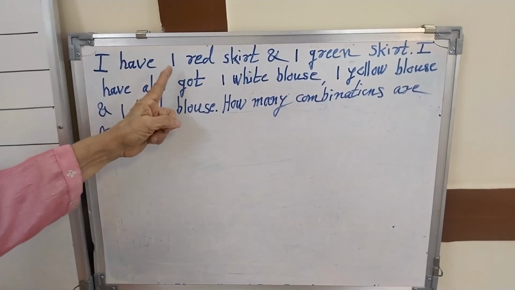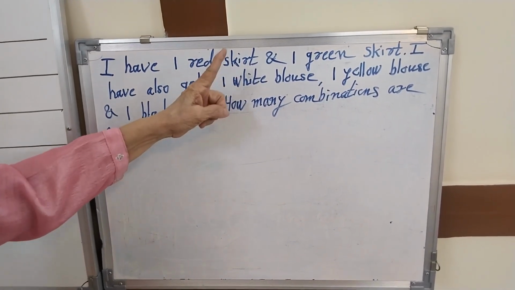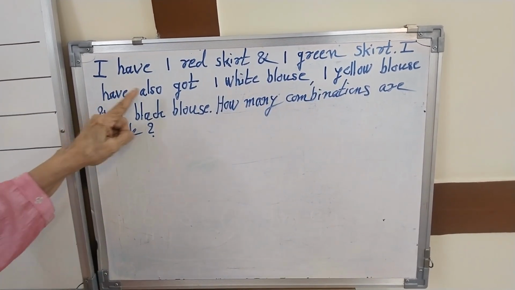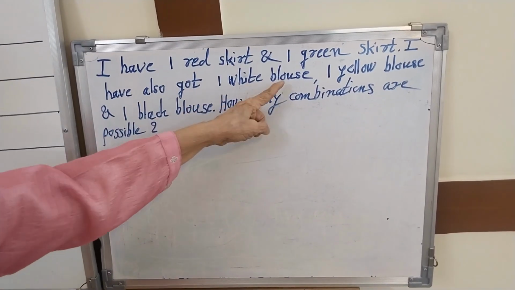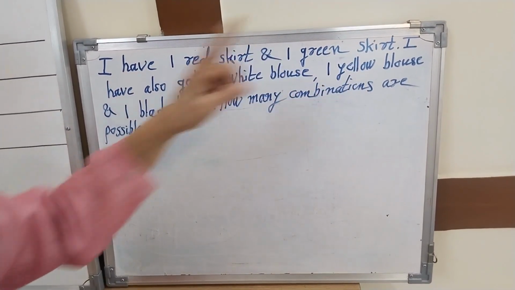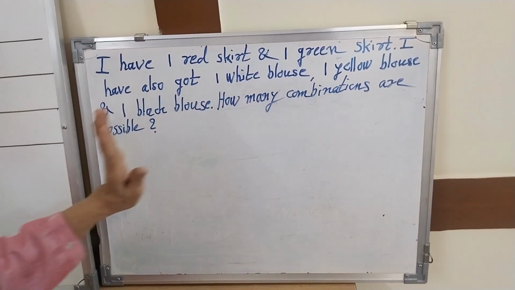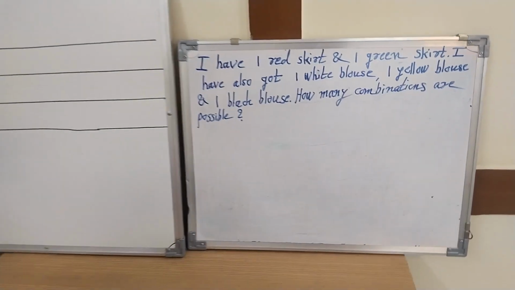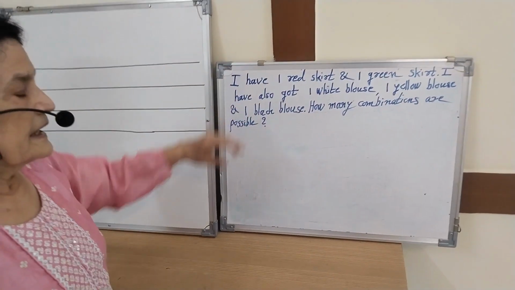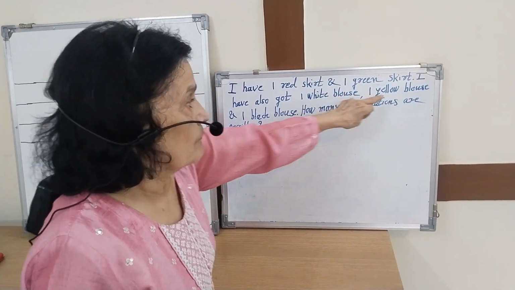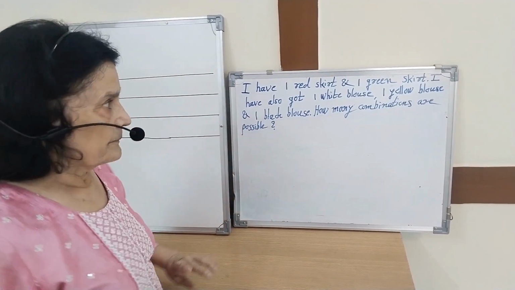I have one red skirt and one green skirt. I have also got one white blouse, one yellow blouse and one black blouse. How many combinations are possible? Now please remember that here I have got two skirts and three blouses of different colors.